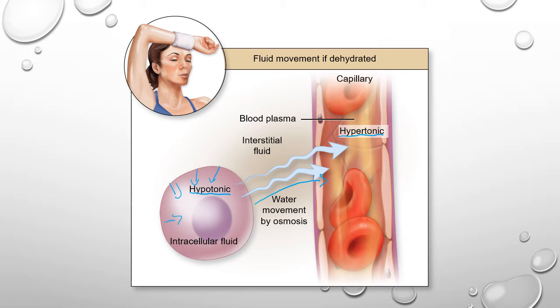The cells are starting to lose their volume and decrease in size. And if it's because we're talking and things like that, we may feel that the skin of our lips and our tongue and everything is starting to become kind of dried out.